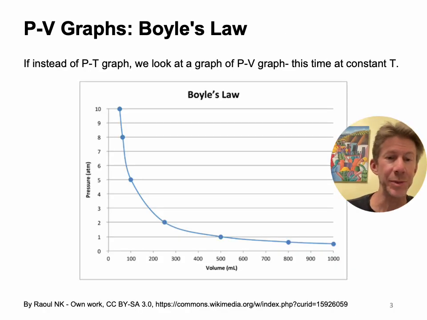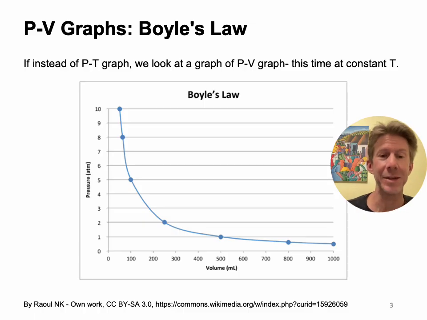Now that last plot was pressure versus temperature, and this is pressure versus volume at a constant temperature, and this is what is related to Boyle's law in Chemistry 400. And Boyle's law says P1V1 equals P2V2.